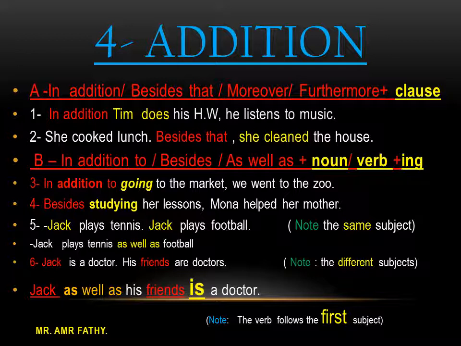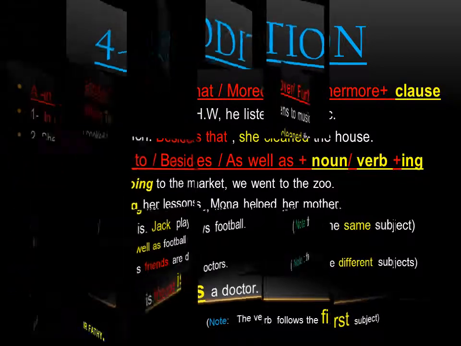Take care when we use as well as with two different subjects: does the verb follow the first or the second? The first subject. In sentence number 6, the first subject was his friends so we said are doctors, but because of Jack, it must be is. Is it clear? This is for number A and number B.